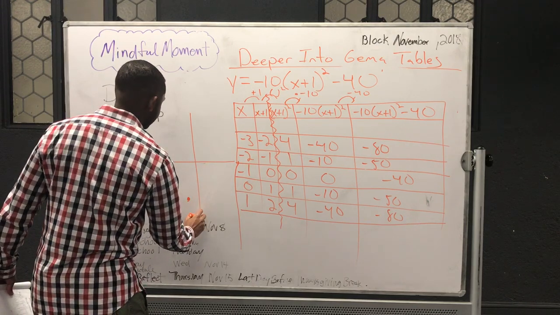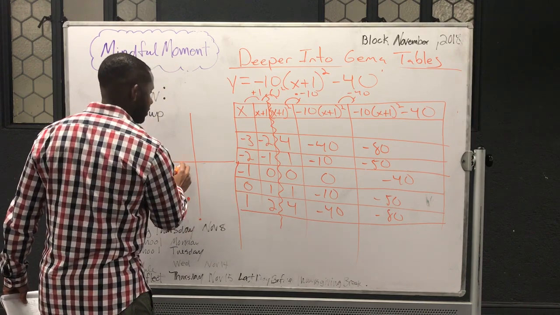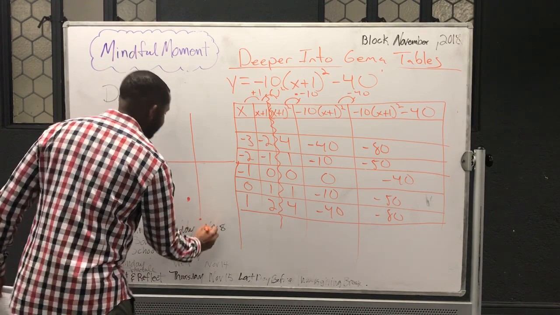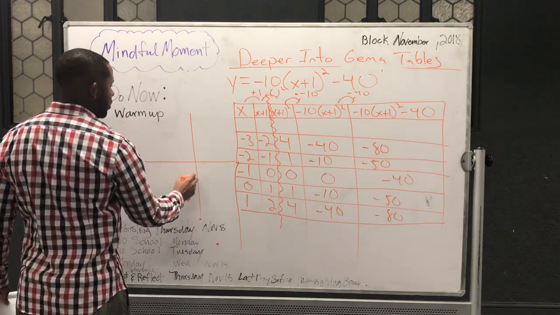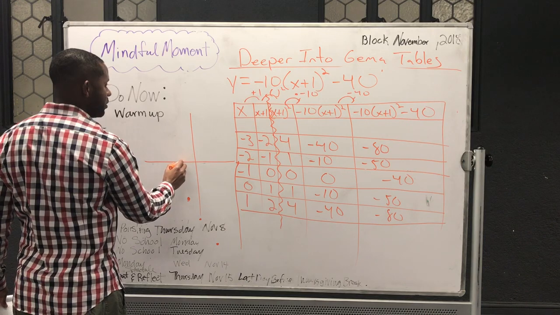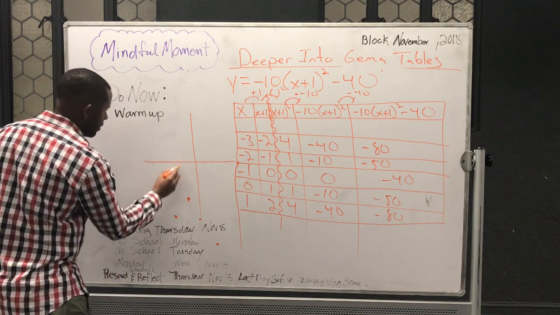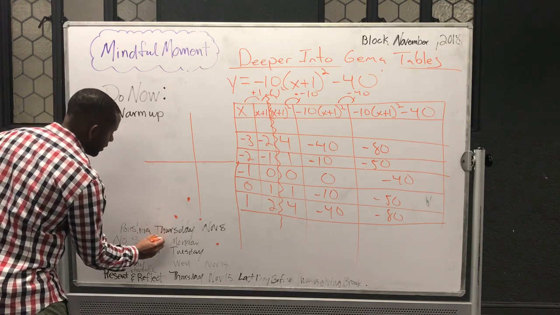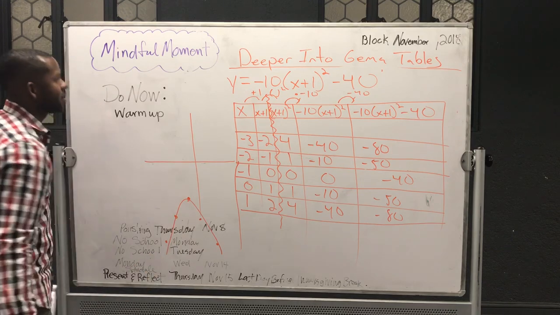When x is 1, y is negative 80. When x is negative 2, y is negative 50, which should be mirroring. X is negative 3, y is negative 80. This parabola looks like this.